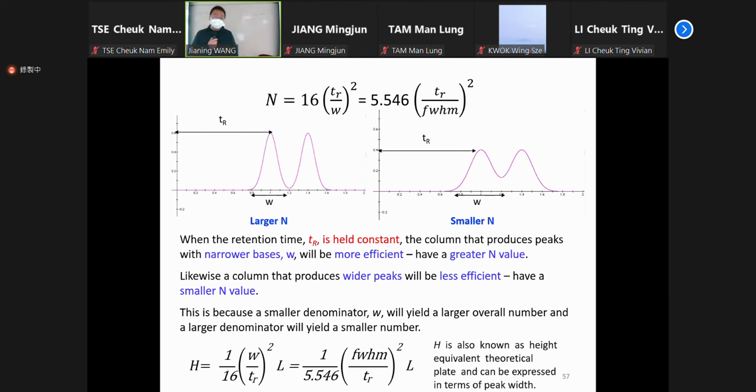Otherwise, a column that produces wider peaks will be less efficient, meaning it has a smaller n value. So there is a premise here: we assume tR is held constant.